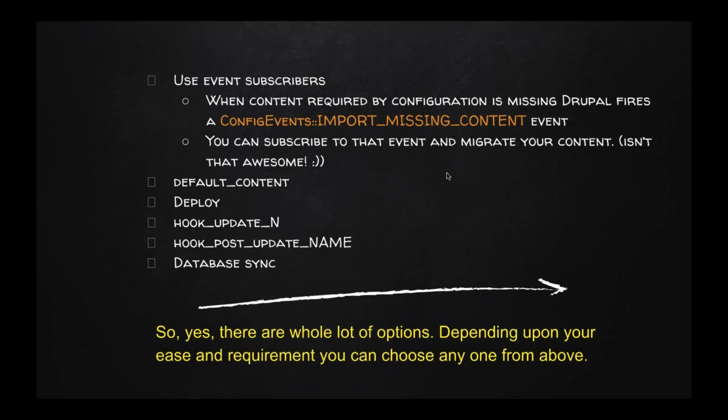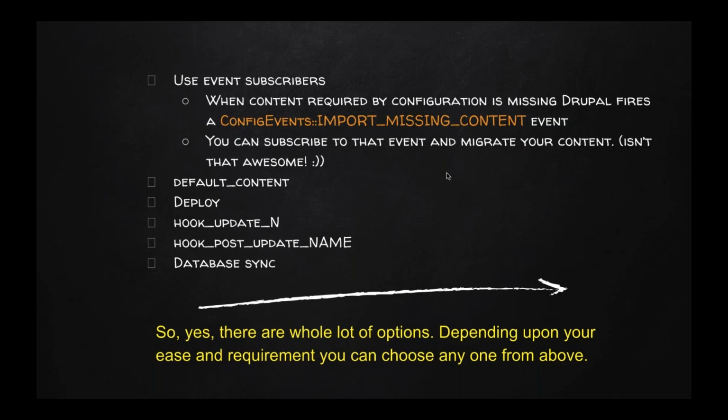You create a new module, and there is some structure for default content where you need to create a default_content directory in your module, and you can put JSON or HAL files for your content. You deploy this module on your development site, enable it, your default content will be there, and again now you sync your configurations. That's how you can do that.